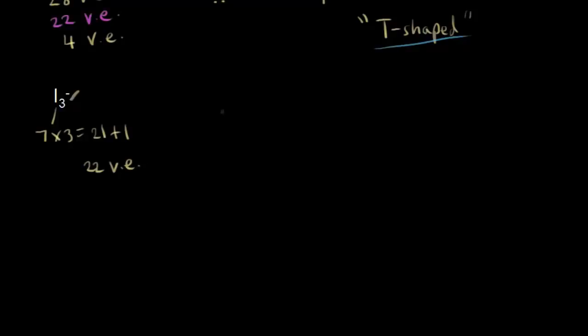So we have 3 iodines, so we can show our 3 iodines bonded together like that, and we've already represented 4 valence electrons, so 2 here and 2 here. So 22 minus 4 means we have 18 valence electrons left, and we start by putting those leftover valence electrons on our terminal atoms, which are our iodines.